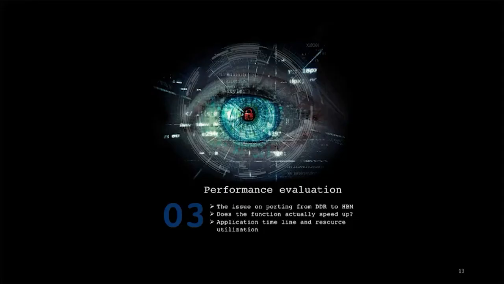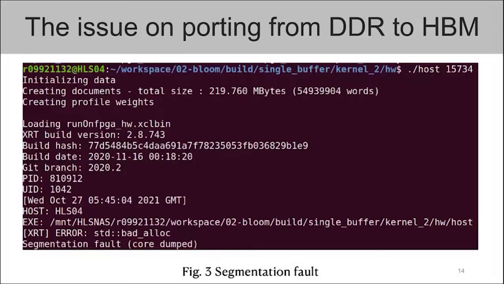Okay, then we can start the performance evaluation. Here is the first issue I encountered: if you just run the reference code, you will encounter a bad allocation. Why? Because the reference code is running on U200, which uses DDR as its onboard memory.